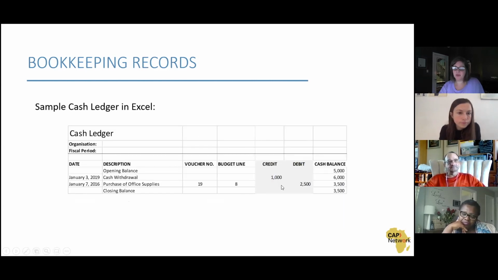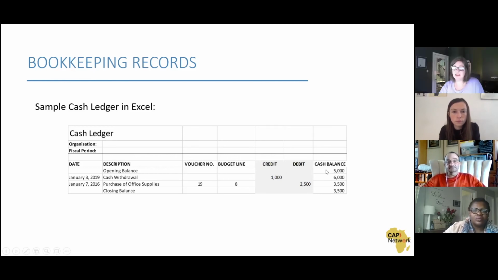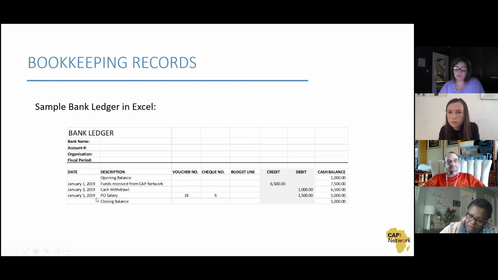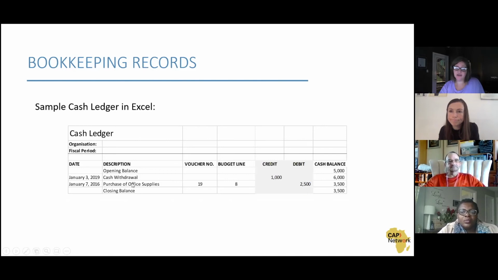So this is an example of a cash ledger. And this cash ledger is related to the bank ledger. So you'll see here on January 3rd, there was a cash withdrawal from the bank account of 1,000, okay? And in the cash ledger, you see that there was a cash withdrawal from the bank, and that becomes a credit into your cash, okay?